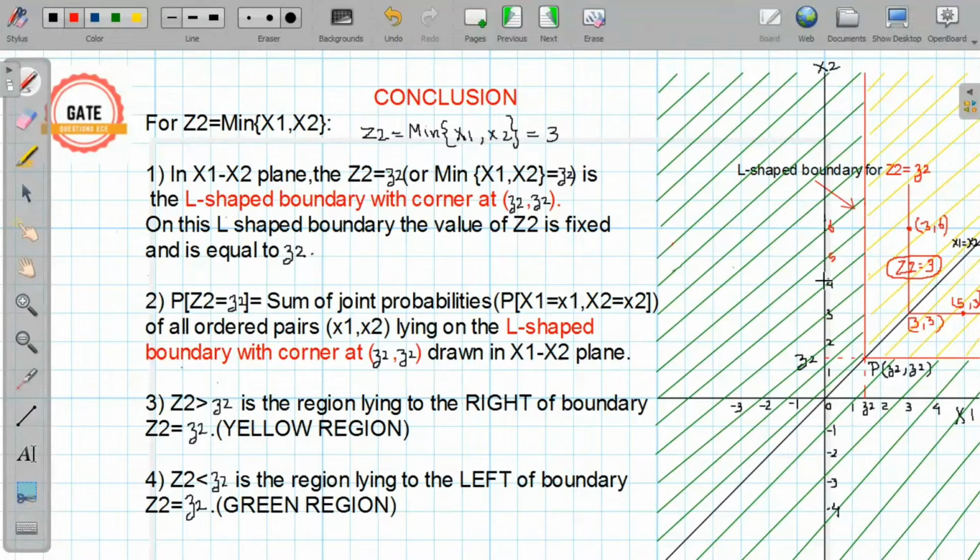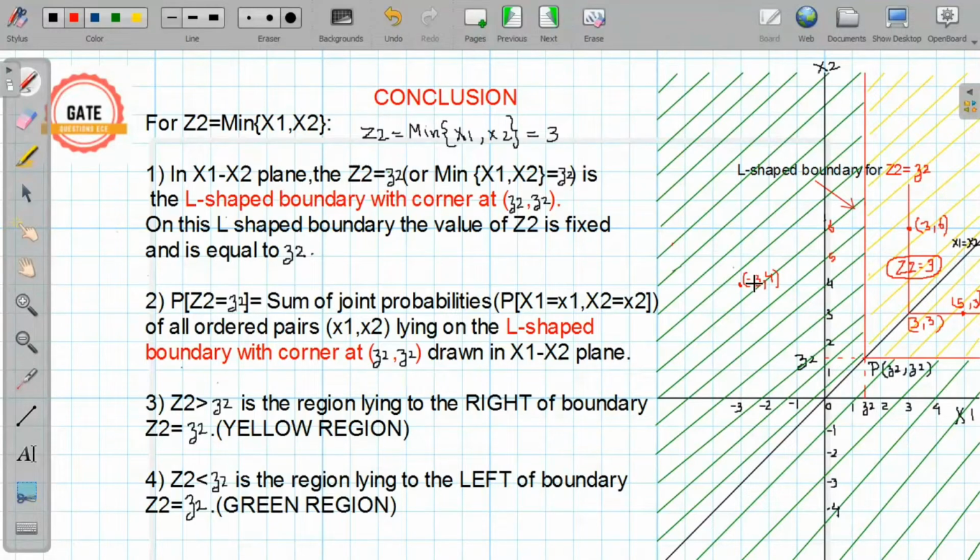You should also note that there is no other point in this entire x1 x2 plane where the minimum among x1, x2 will be equal to 3. For example, you can take any other point. For test purposes, I am taking this point. Let's calculate the value of Z2 at this point. Here x1 is -3 and x2 is 4, so this point is -3, 4.